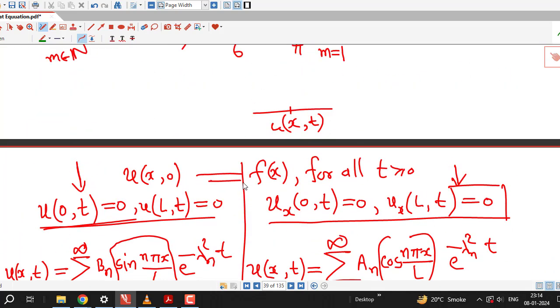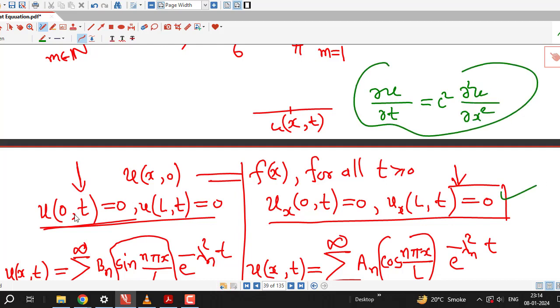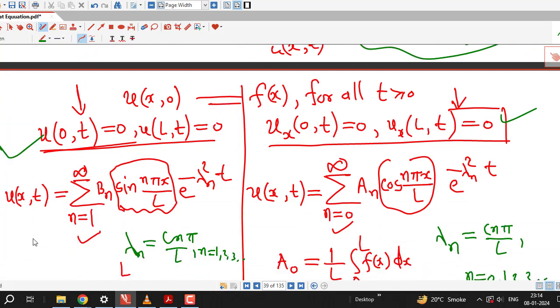So in our course we are solving the heat equation, and we have two different formulas in two different cases, and that we have to remember. And depending upon the boundary conditions given in the question, we have to decide whether we should use this formula or this formula.